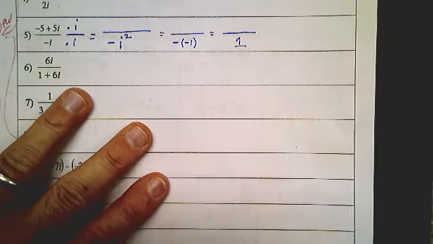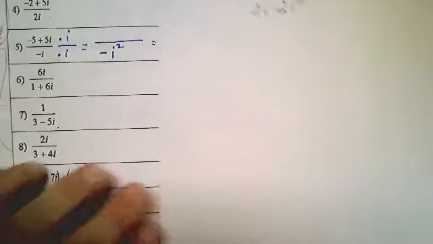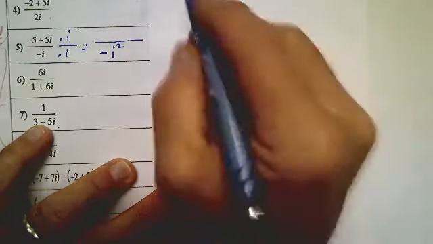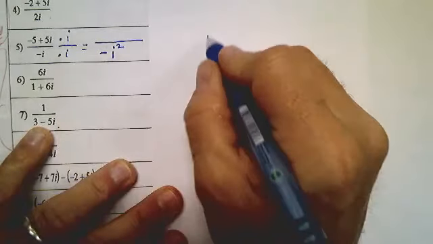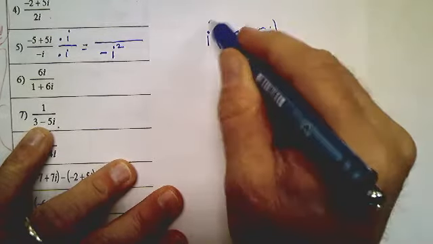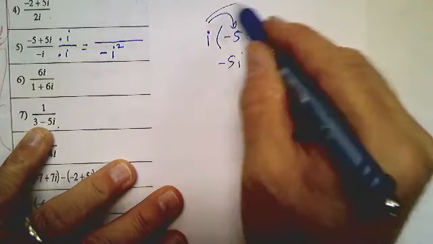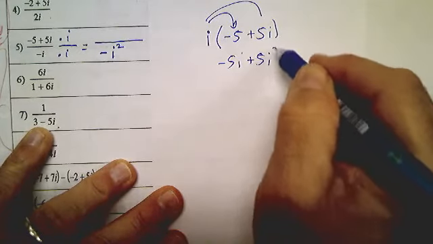Now you work the top. If it's hard for some of you to put that next answer in the blank, I suggest going to a sheet like this and put the i in front and distribute. -5i, +5i squared.